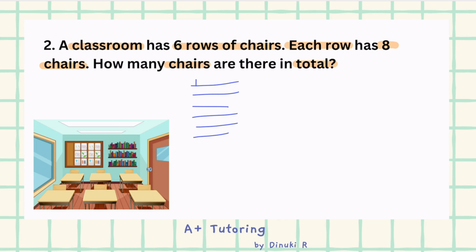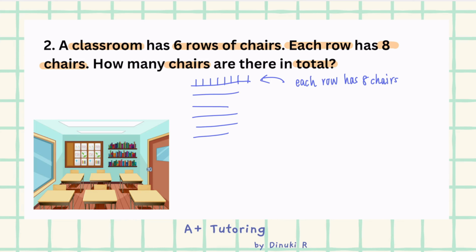So 1, 2, 3, 4, 5, 6, 7, 8, right? So if you've got a row like this, each row has 8 chairs. Sometimes it's just easier to draw a little diagram that works for you. It doesn't have to be the neatest diagram, as long as it makes sense to you, and it's something for you to visualize what's going on.